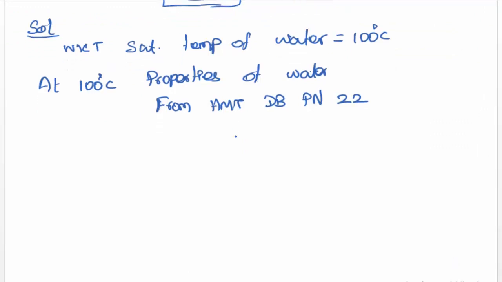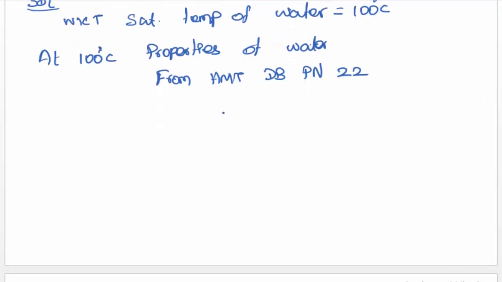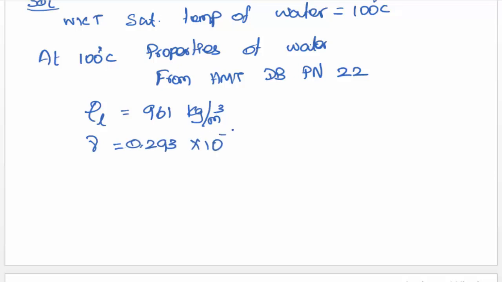So first property. Since it is a liquid, the density value of the liquid rho L has to be written, which is equal to 961 kilogram per meter cube. Then the kinematic viscosity value nu equal to 0.293 into 10 to the power minus 6 meter squared per second. Similarly, Prandtl number value is 1.740.